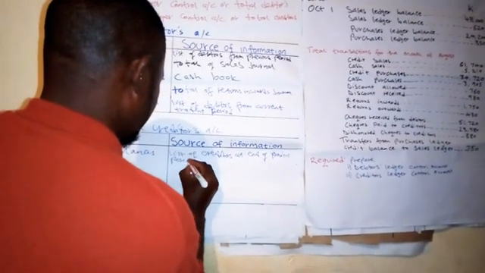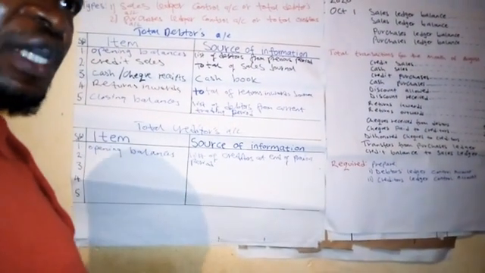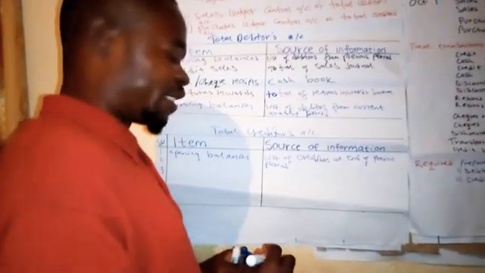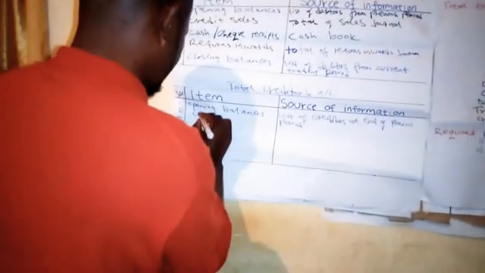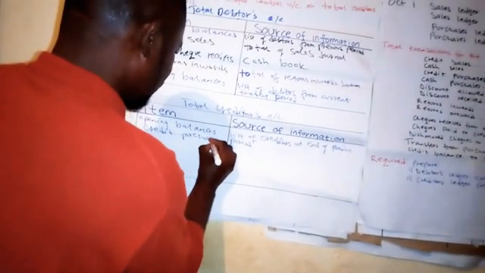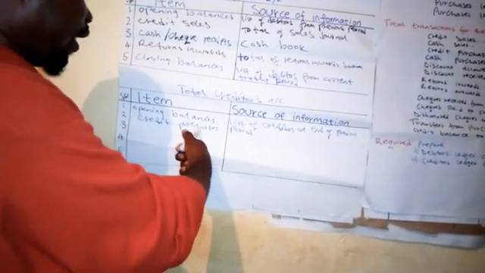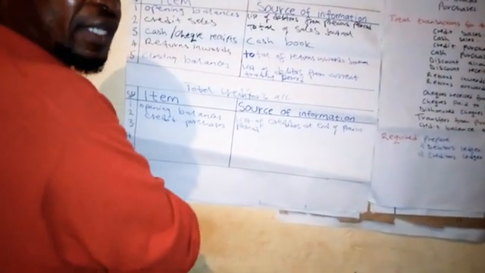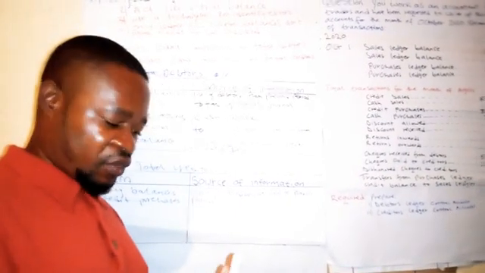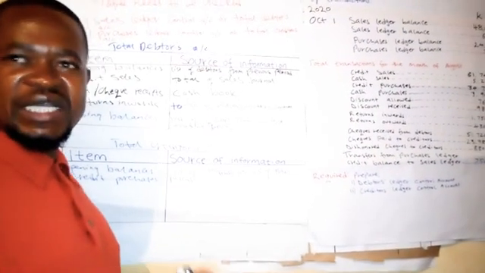Then the next item in this account has to do with credit purchases. In the other account we say credit sales, and here we are saying credit purchases. When you are given a question, the examiner may want to confuse you a bit to see your skills about this account.